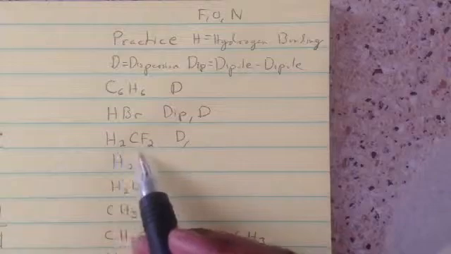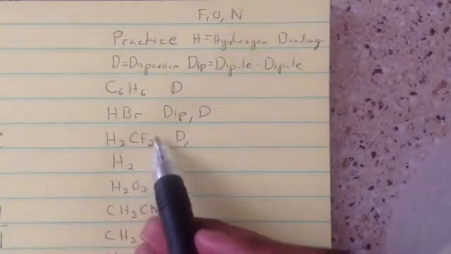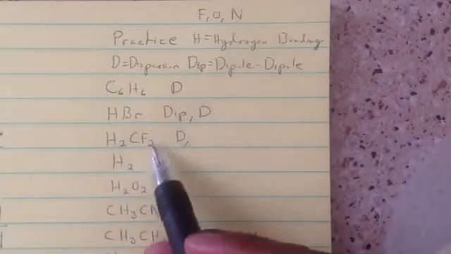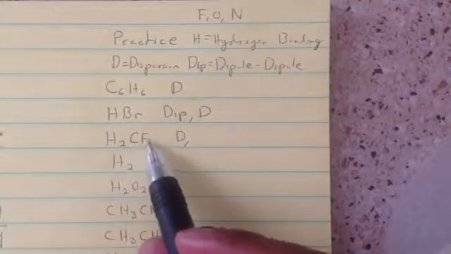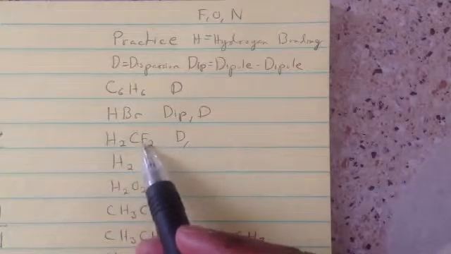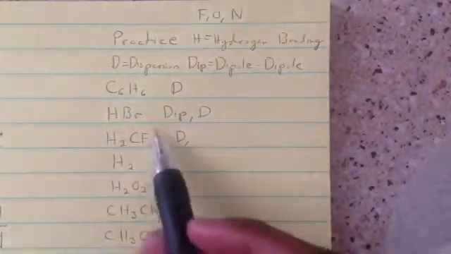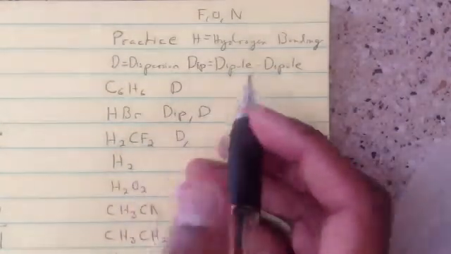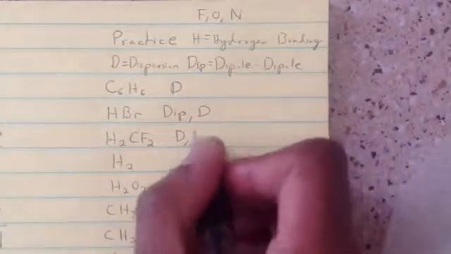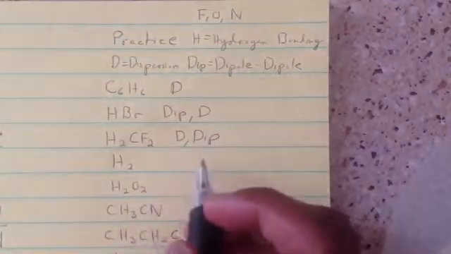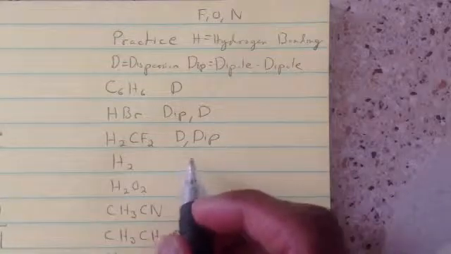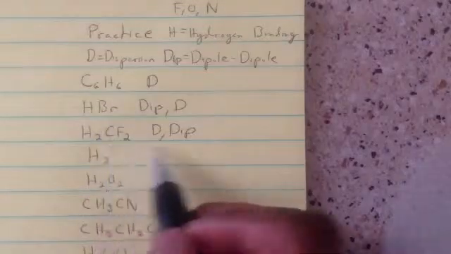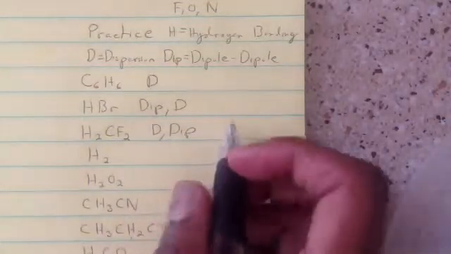Okay, so H2CF2, we see that it has an F, but the F's not bonded to an H, so it's not hydrogen bonding. But since F is so electronegative, it's going to be a dipole, just because the F's going to make this molecule polar, and because it's polar, it's going to become dipole. And also, if you look at the Lewis structure, or the VSEPR model, it also makes sense, because H2CF2, right?